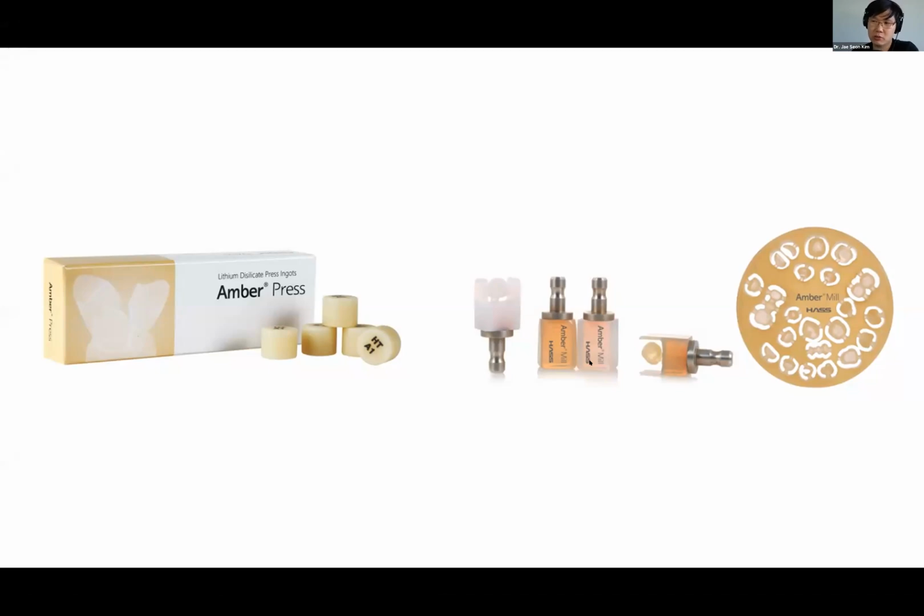If you want really translucent, you fire it at a different temperature. So you don't have to have ingots for each, you can keep your inventory pretty low. And I've heard labs mill with this, and they have really good fracture toughness or fracture resistance, so that when you mill them out, the margins tend to mill out a lot cleaner, especially in thin areas.